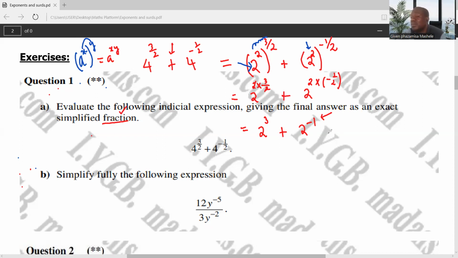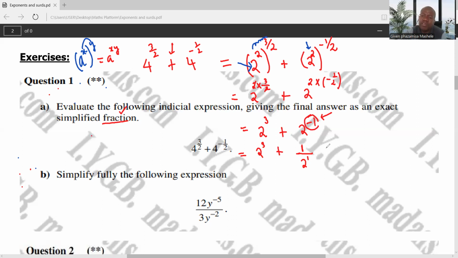How do you do that? We can change it to a positive power by taking it to the denominator, because it's not a fraction already. So this will be 2 to the exponent of 3 plus 1 divided by 2 to the exponent of 1. So we've changed this from negative to positive.